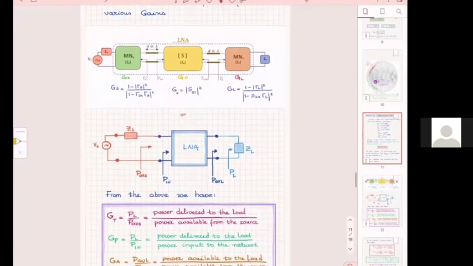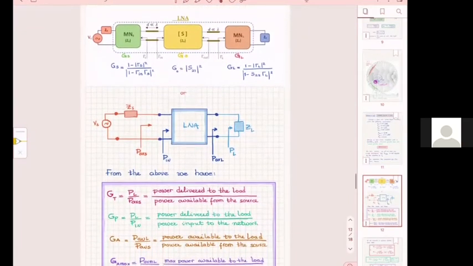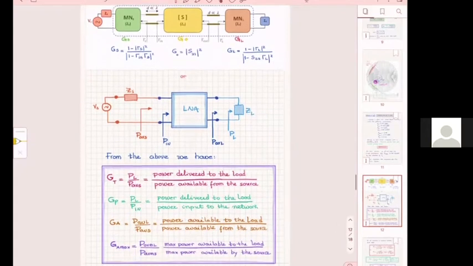And now we remember some things about the gain of the various sections and the total gain. And also we need to remember the definition of the various types of gains, which I have here.